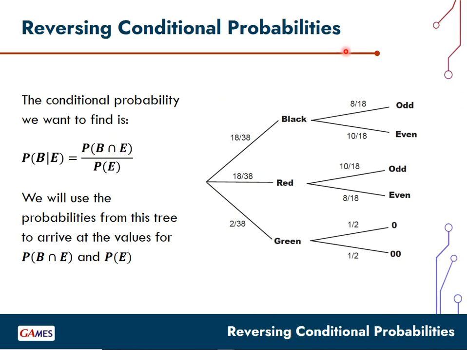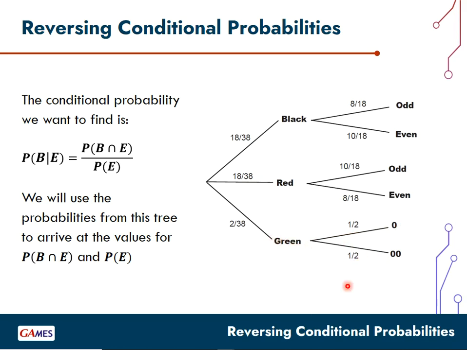Based on what we have just in this probability tree, let us obtain the value of P of B intersect E. What are the probabilities we have here? We have the probability of black, red, green, probability of odd given black, even given black, odd given red, even given red, 0 given green, and double 0 given green.